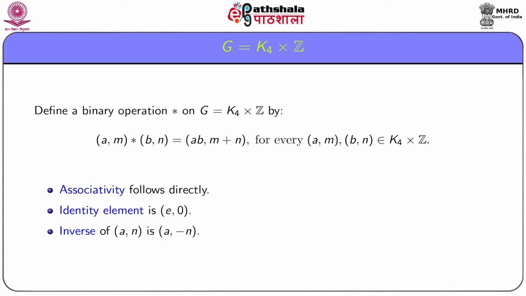Now, we want to define a binary operation on this set G. As you know, we can define a binary operation on every countable set, so that it forms a group which is isomorphic to Z, any countably infinite set.